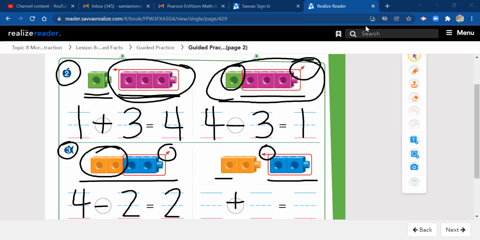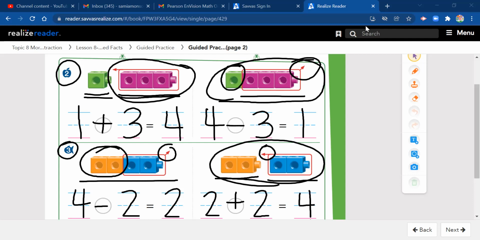So we have 2 orange cubes plus how many blue cubes? 2 blue cubes. And what does that equal when we put them together? 4. 4 in all. So our sentence is 2 plus 2 equals 4.